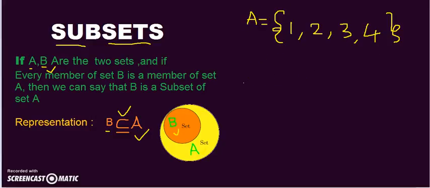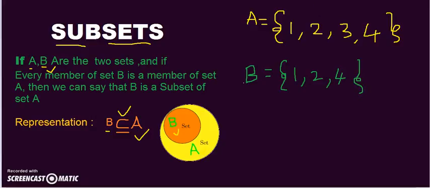And I have another set, which is B, equal to 1, 2 and 4. I have defined the other set B as 1, 2 and 4.